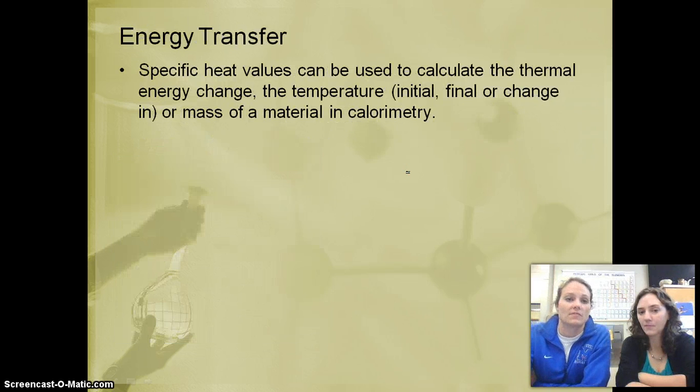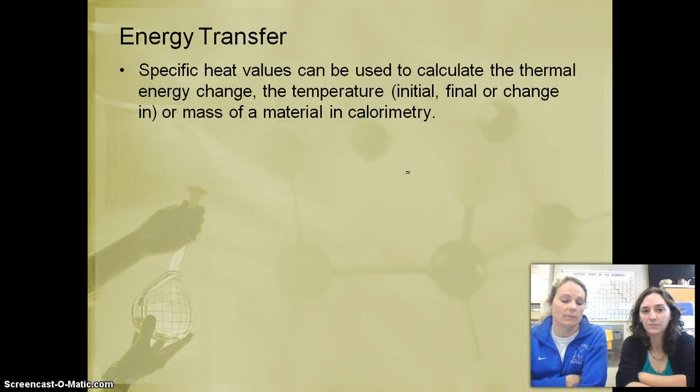Okay, so energy transfer. Specific heat values can be used to calculate the thermal energy change, the temperature, the initial, final, or change in, or the mass of a material in the calorimeter. So that same equation that we used before. That's good, because we're going to need that.